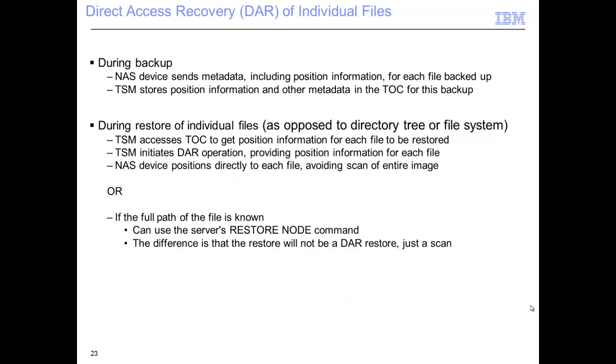And this is where the concept of a direct access recovery comes into play. When the files are written out, TSM stores position information and other metadata information in the table of contents. So when it goes to do the restore, it can more rapidly access where on tape this file is.